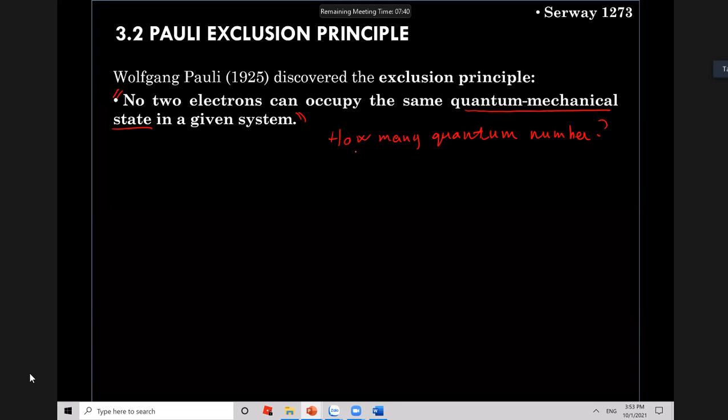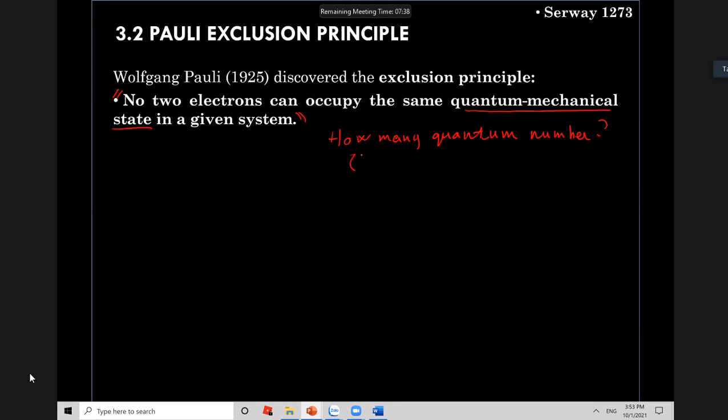For quantum numbers, they are the principal quantum number, orbital quantum number, magnetic quantum number, and spin quantum number. And one full combination of the four quantum numbers can determine one quantum state.